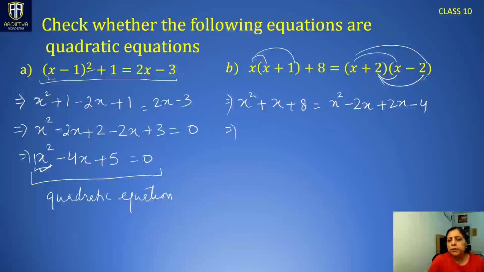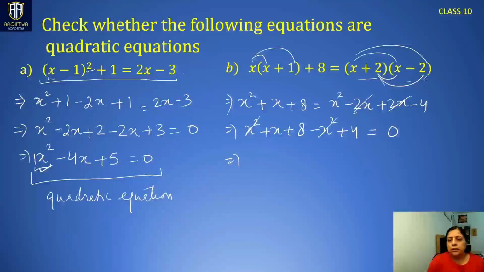Or you can simply use identity a plus b a minus b. So this becomes x square plus x plus 8 minus x square. These two get eliminated, plus 4. Now we have brought everything to the left hand side.